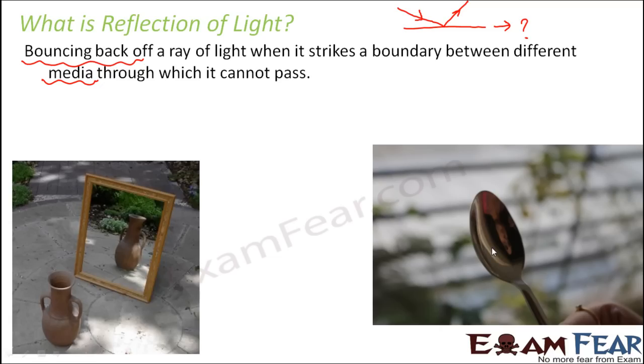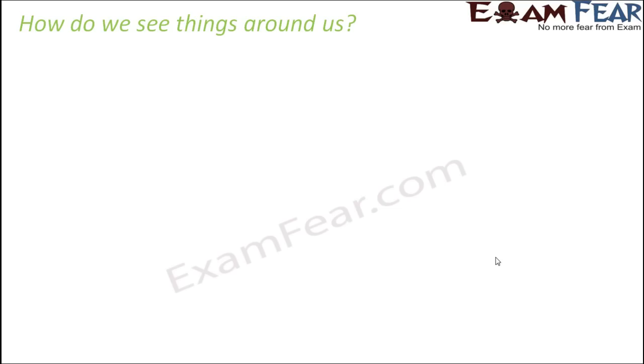This is where we think about the criteria needed for reflection to take place. One of the most important and basic criteria is that the surface has to be shiny. That is why in mirrors we see such clear images, because the surface is extremely shiny. Similarly, in a stainless steel spoon, the surface is very shiny, because of which reflection is able to take place.